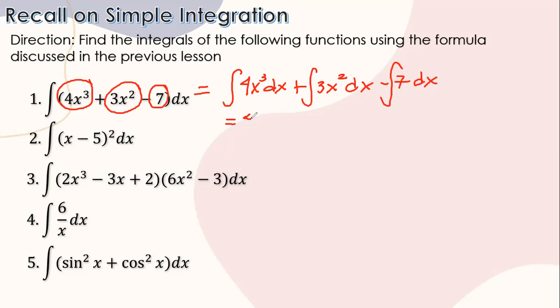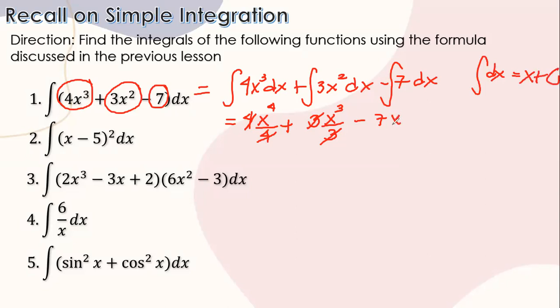So for this, we just copy the coefficient 4, and then x raised to 4 over 4, so the 4 cancels out. Then the next term, we have 3x squared. Just copy the coefficient, and then x to the 2 plus 1, which is 3, over 3. Again, the 3 cancels. Minus 7, which goes with x, since the integral of dx is x.